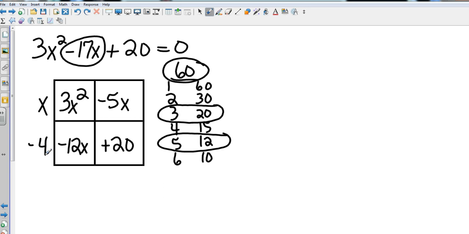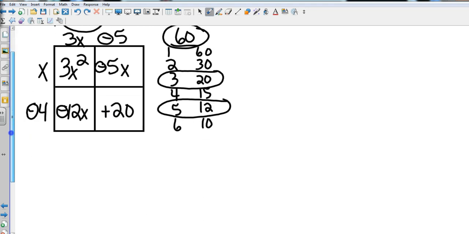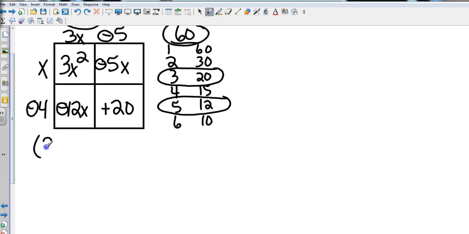I've got 3x squared and negative 12x, so the greatest common factor is going to be 3x. And the greatest common factor between negative 5 and 20 is going to be negative 5. Again, these will always be the same sign. So my factors are 3x minus 5 and x minus 4.